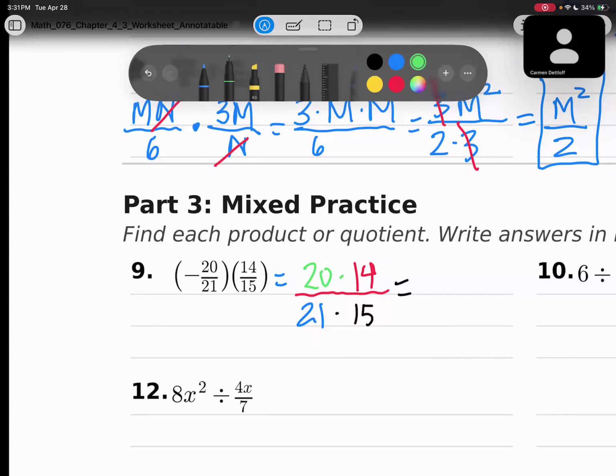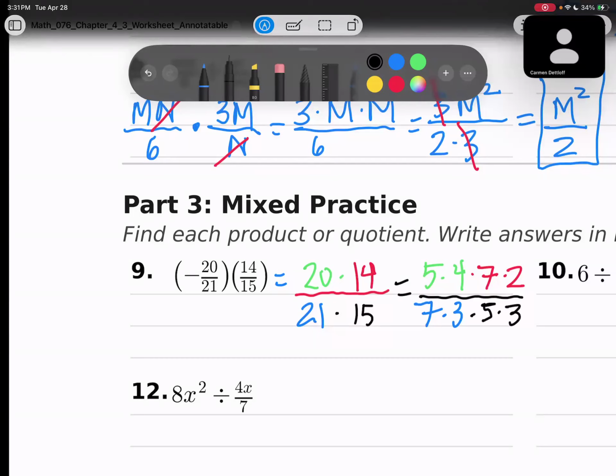My factors of 20, I'm going to guess, but I'm going to go 5 times 4 to start. If I have to break up the 4 more, I can do that later. My factors of 14 become 7 times 2, and then my factors of 21 are 7 times 3, and my factors of 15 are 5 and 3.